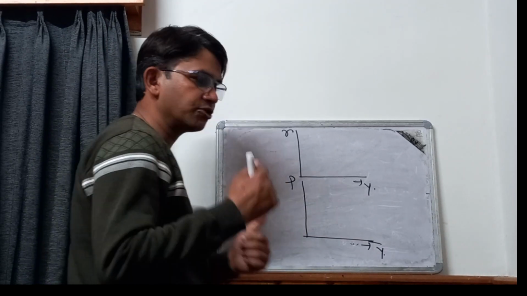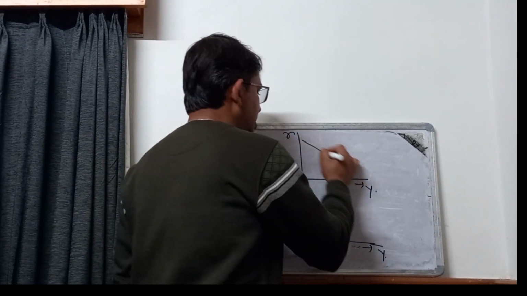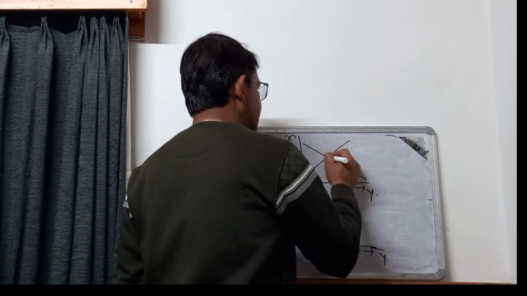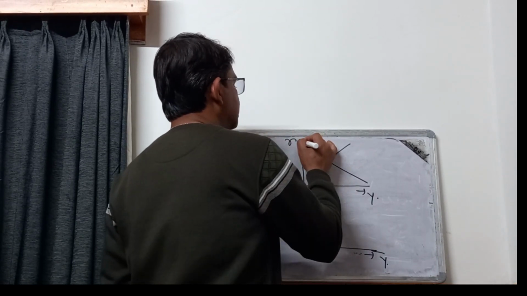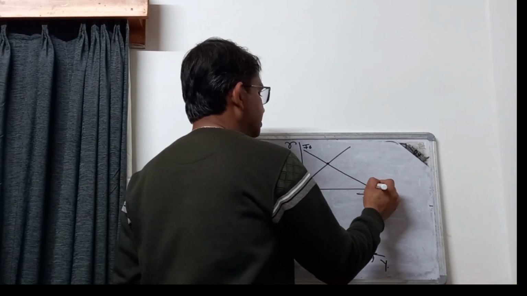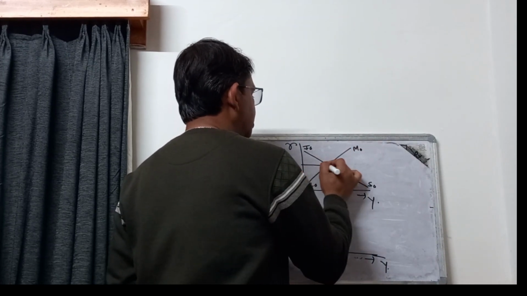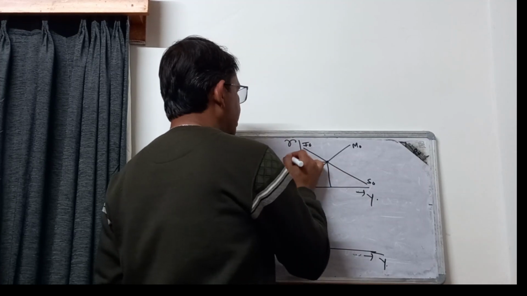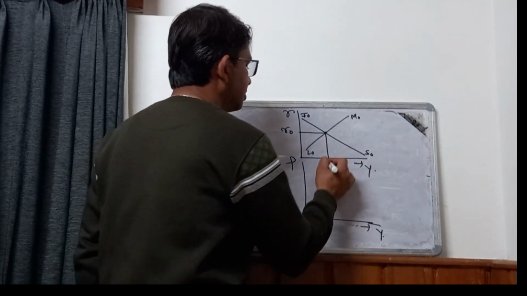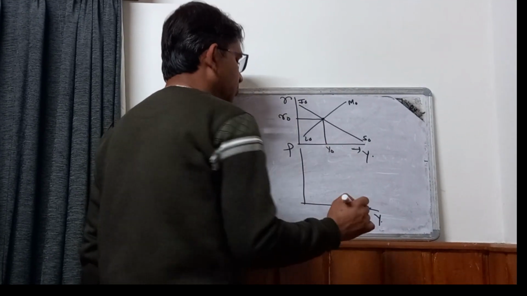So whenever we draw the diagram, first we draw the standard IS curve and LM curve. This is my IS curve I0S0, and this is my LM curve L0M0. We initially start with a point where the rate of interest is R0 and aggregate demand is Y0.